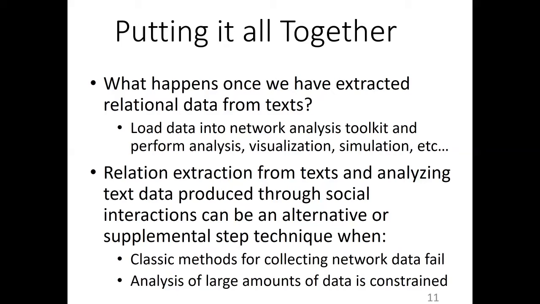Furthermore, extracting relational information from text data can be a useful alternative to generate or collect network data if other methods are difficult, for example, because you are not having access to a network, or the network is too big to go and do surveys and interviews, or simply the network isn't existing anymore, but archival documents and digital social trace data might exist that helps you to get a snapshot or a sample of this network and be able to work with relational data.